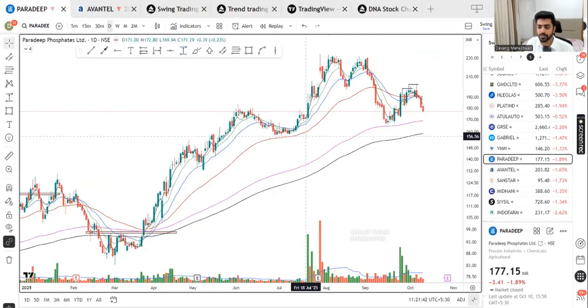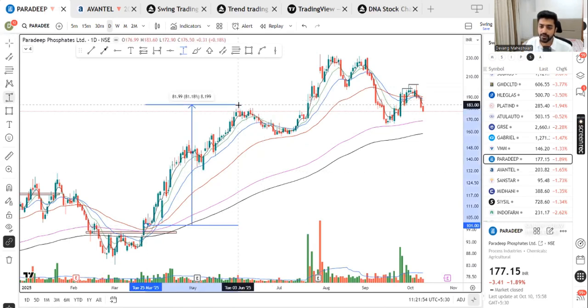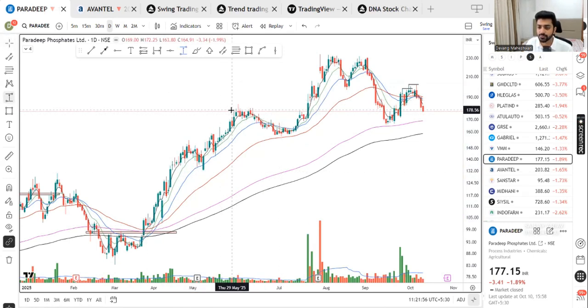Now which kind of base is this? Upright, up down, you can call it anything, because this is a very big run. 80% and it did not give much. Okay, but it spent considerable time up here also. So up and down is the first thing.